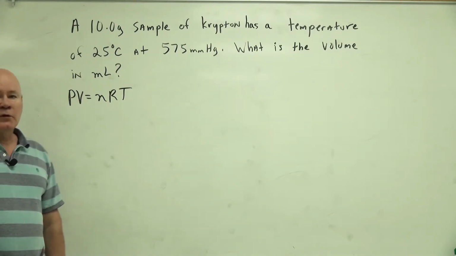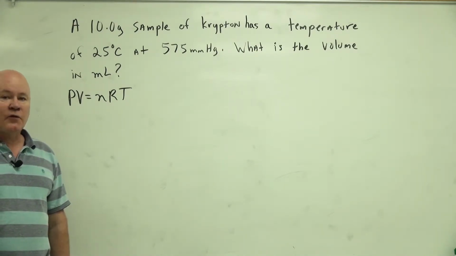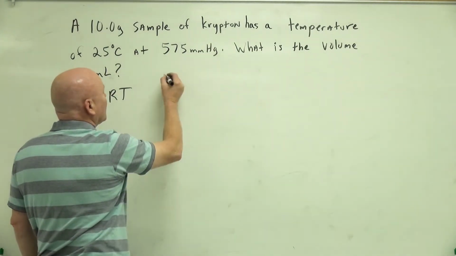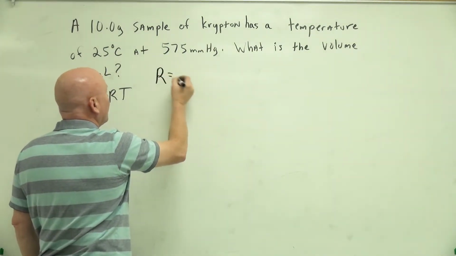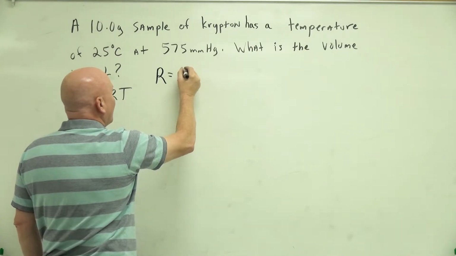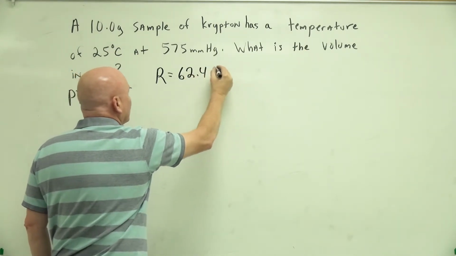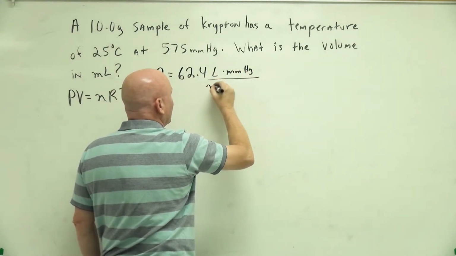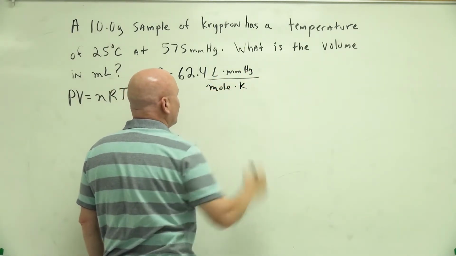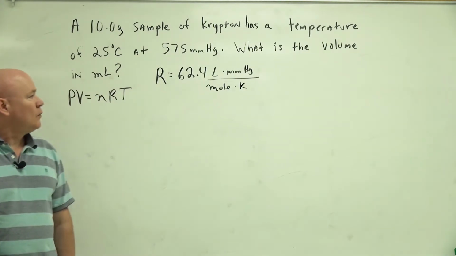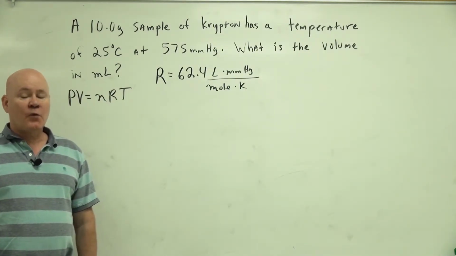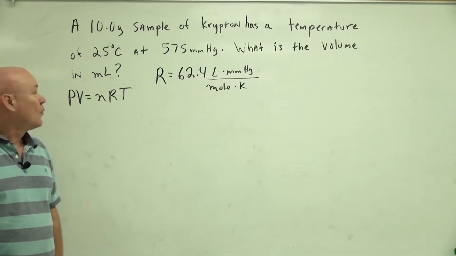And as always, when we use our ideal gas law equation, the first thing we need to do is find our R, and we do that by looking at the pressure units, and you look it up, and we see that R is 62.4 liters millimeters mercury for every mole Kelvin. And we use our R units to help us make sure that we have the right units before we plug into our formula.